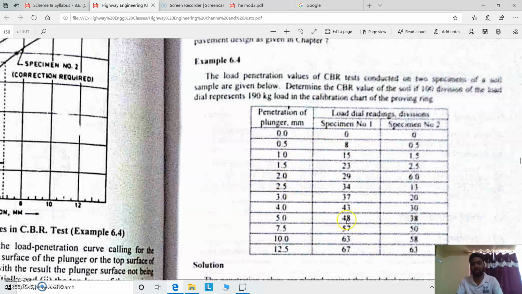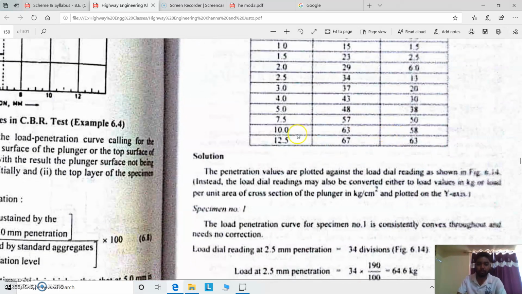Right, so here for 0 mm penetration we have 0 divisions, so 0 divisions represents 0 kg, and again for specimen 2 also.